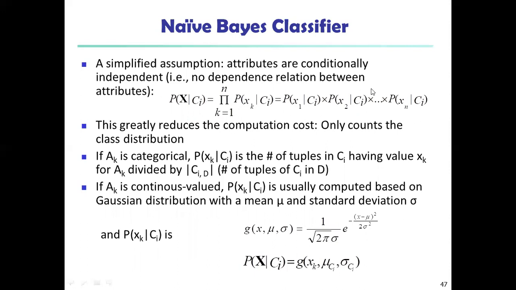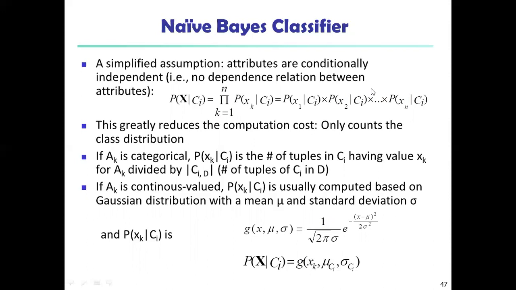This greatly reduces the computational cost, as it only counts the class distribution values. So here we have to maintain the class distribution values. Using Naïve Bayes classification reduces the computational cost. Each class distribution is segregated using the categorical values.